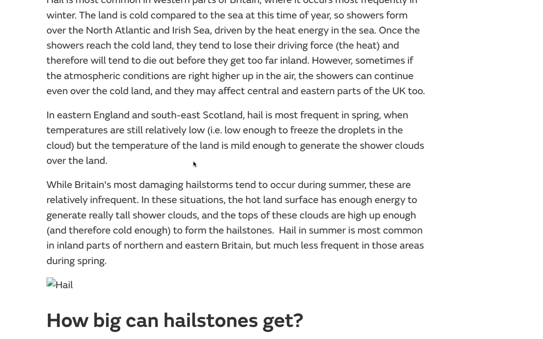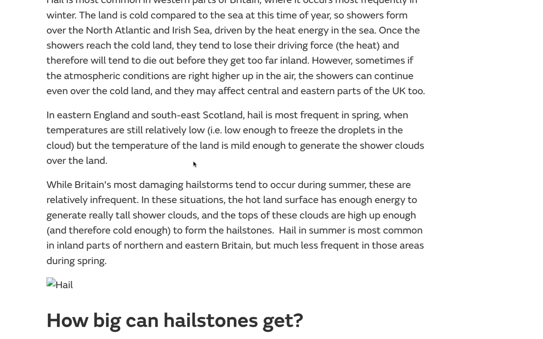In eastern England and southeast Scotland, hail is most frequent in spring, when temperatures are still relatively low, low enough to freeze the droplets in the cloud, but the temperature of the land is mild enough to generate the shower clouds over the land. While Britain's most damaging hailstones tend to occur during summer, these are relatively infrequent.